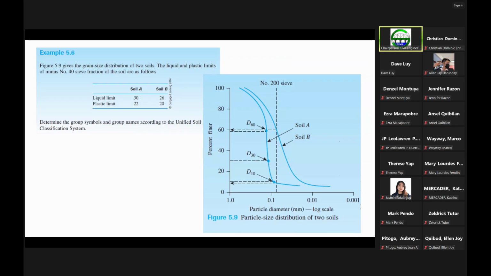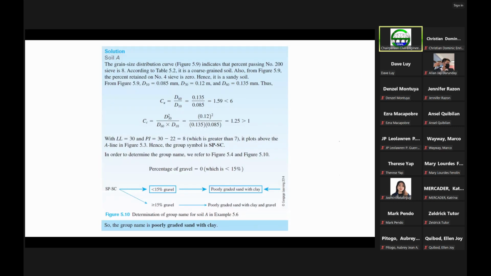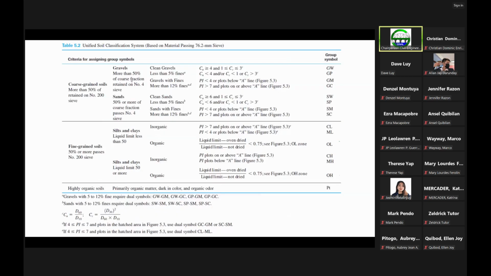That means 100% has passed the number 4 sieve. So the percent retained on the number 4 sieve is 0, and you have 100% passing.